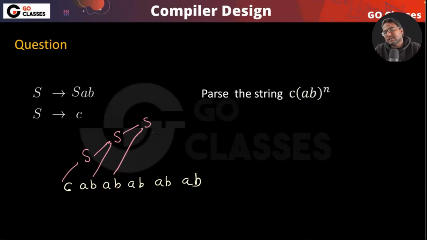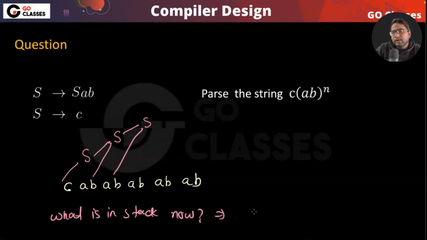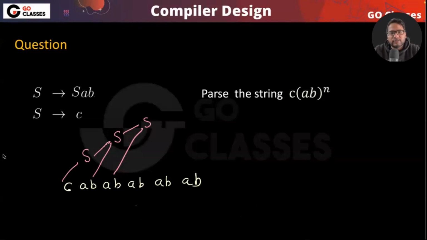Now suppose I just reduce to capital S. Can anyone tell me what I have in the stack? The last action I performed is reducing to capital S. What is in the stack? Only capital S, right? Now as a bottom up parser, this A, I'm shifting.